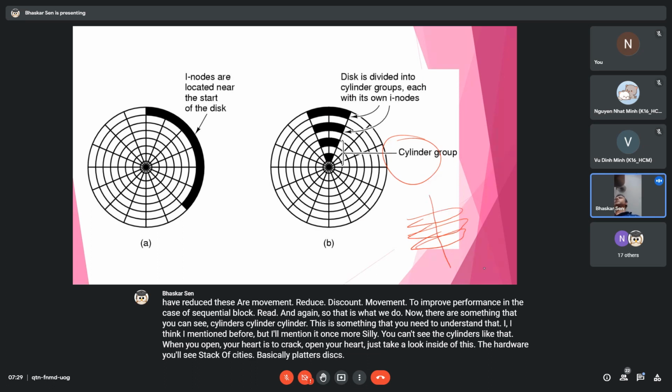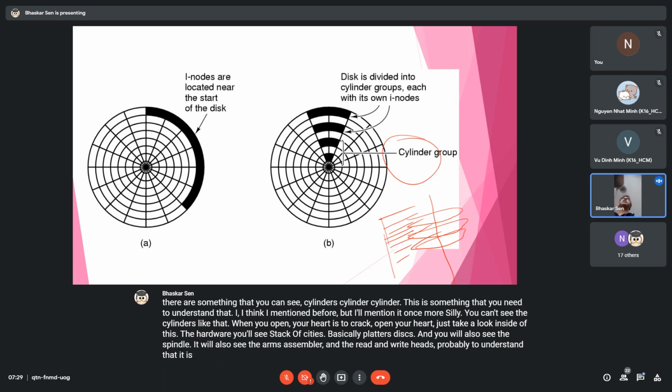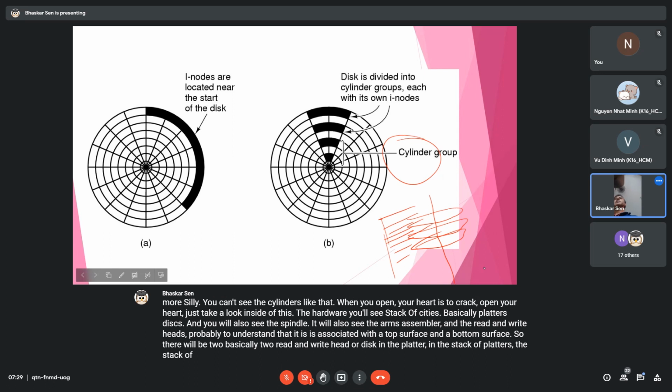And you will also see the spindle. You will also see the arm assembly and the read and write heads. Probably you understand that each disk is associated with a top surface and a bottom surface. So there will be basically two read and write heads per disk in the platter, in the stack of platters, the stack of disks. Okay, so these are the pure hardware that you'll be seeing.